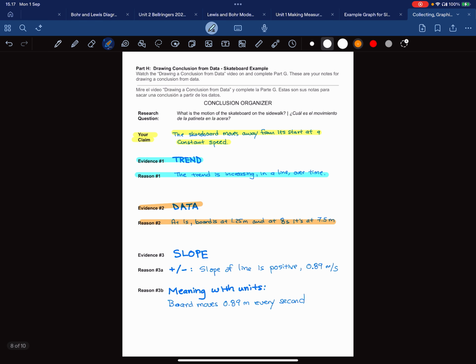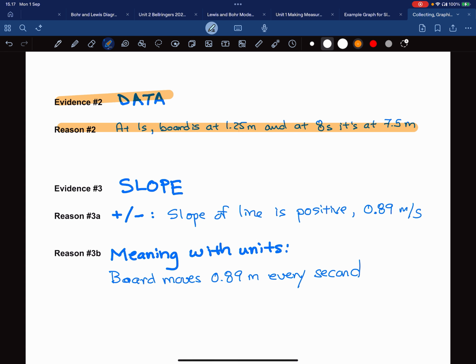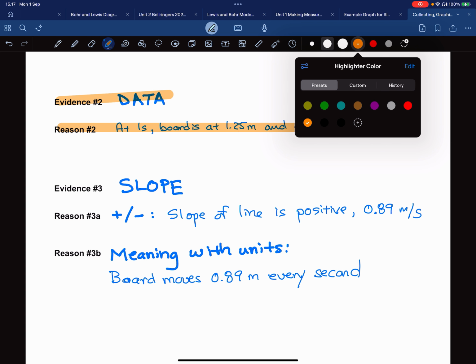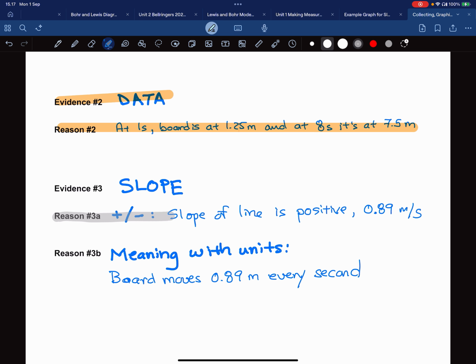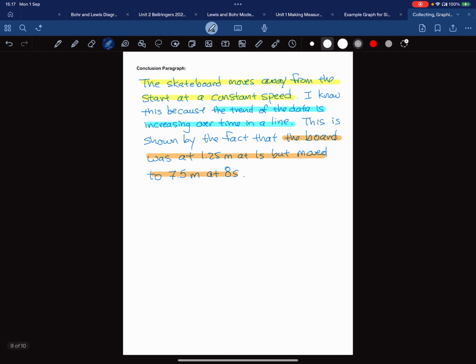Then you have the slope. And the slope has two parts to it. So you've got whether it's positive or negative, and then you have the meaning with the units. So the slope is 0.89 meters per second, which is positive.